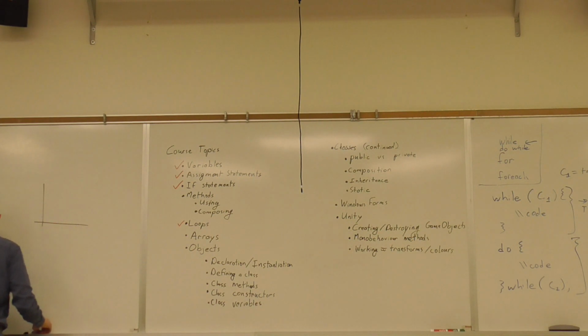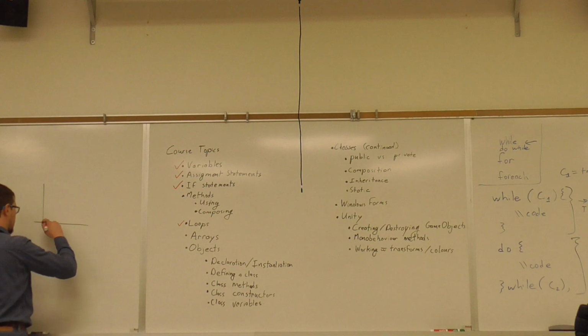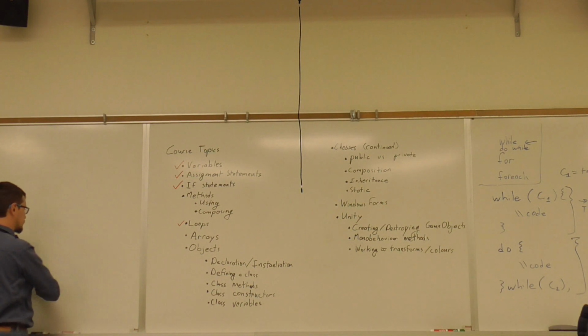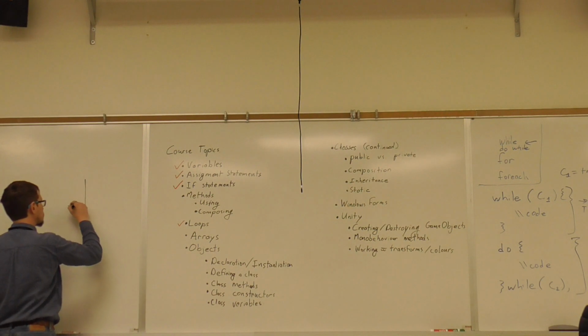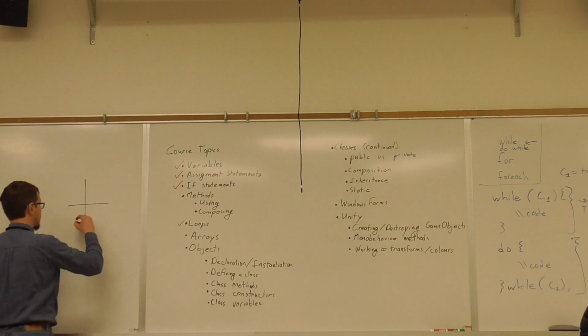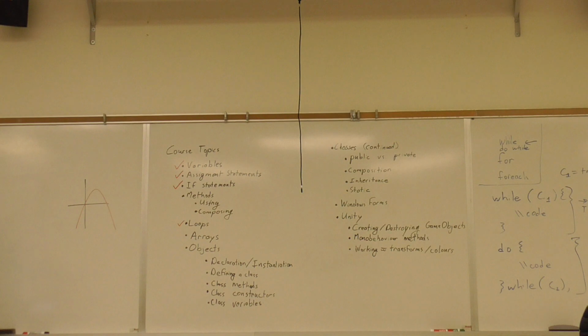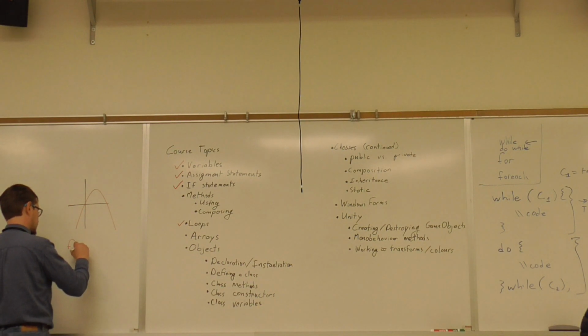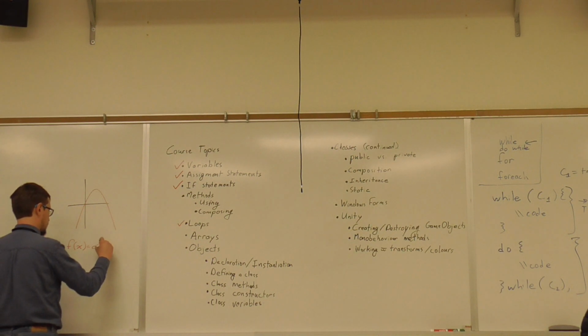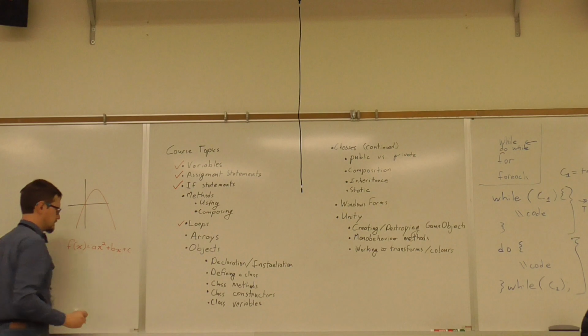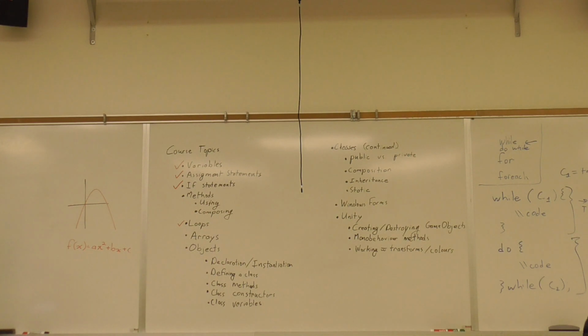If I have a parabola in regular math, we define that parabola using a mathematical function, right? f of x is equal to ax squared plus bx plus c for some constants a, b, and c, right? So far, so high school?